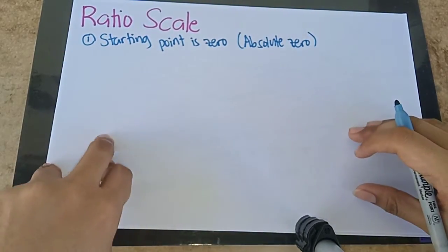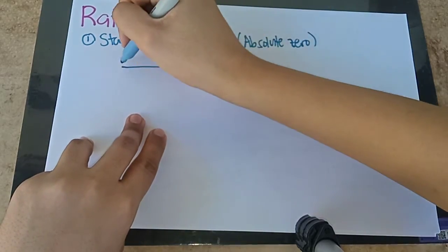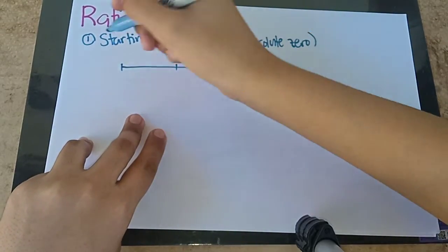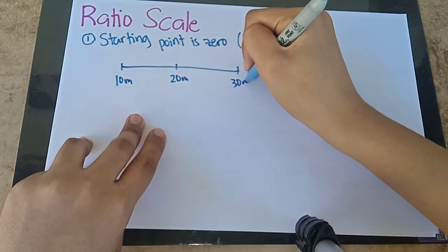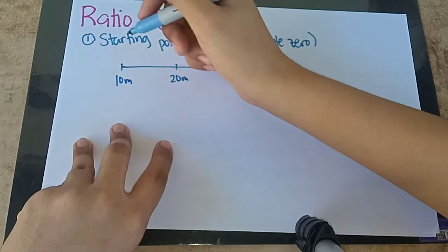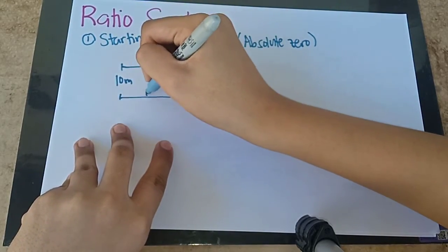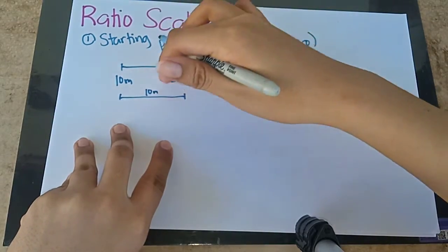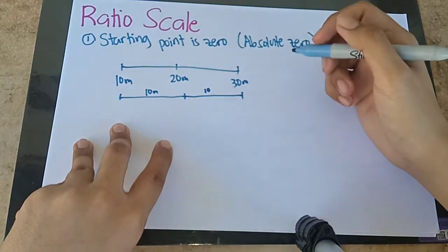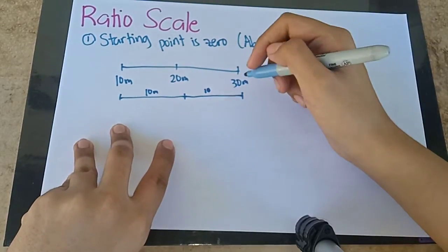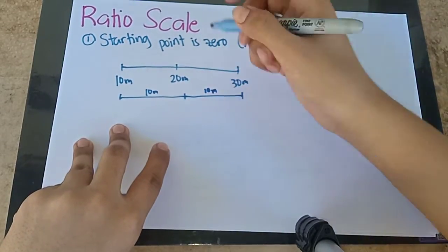Let's say we have a length: 10 meters, 20 meters, and 30 meters. We can say that the difference between 20 meters and 10 meters is 10 meters, and the difference between 20 meters and 30 meters is also 10 meters. We can conclude that. So it has a property of the interval scale because we measure the differences.